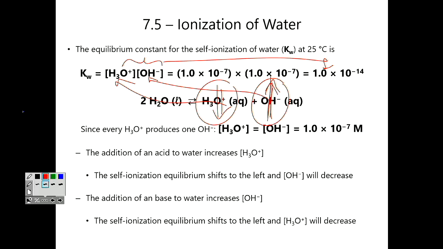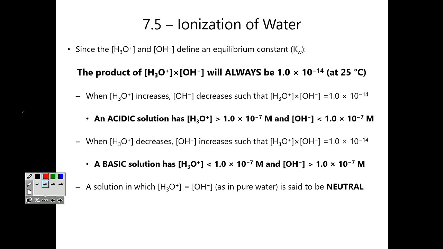So an acid solution will contain excess hydronium relative to hydroxide, and that's what makes it an acid solution. A basic solution will have excess hydroxide relative to hydronium. That's what makes it a basic solution. Okay?